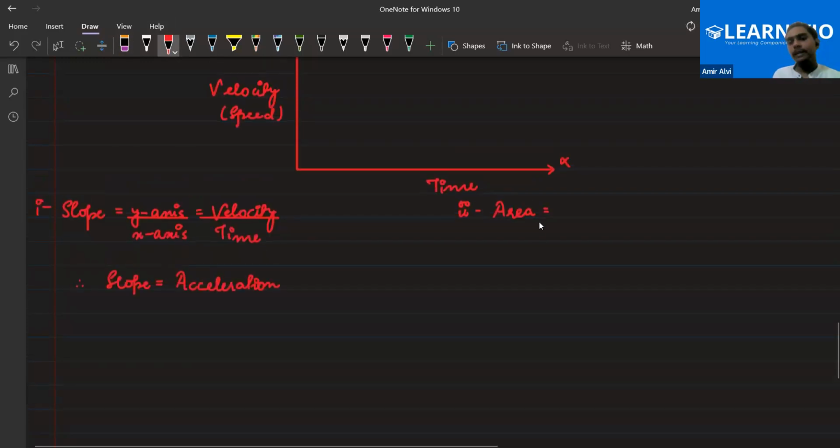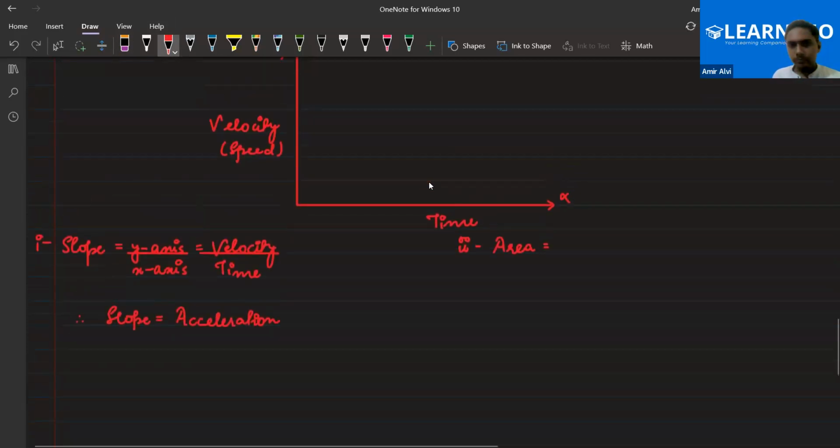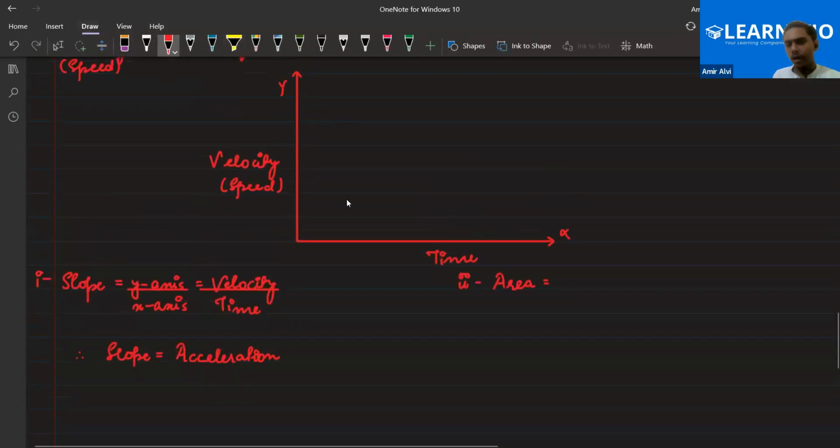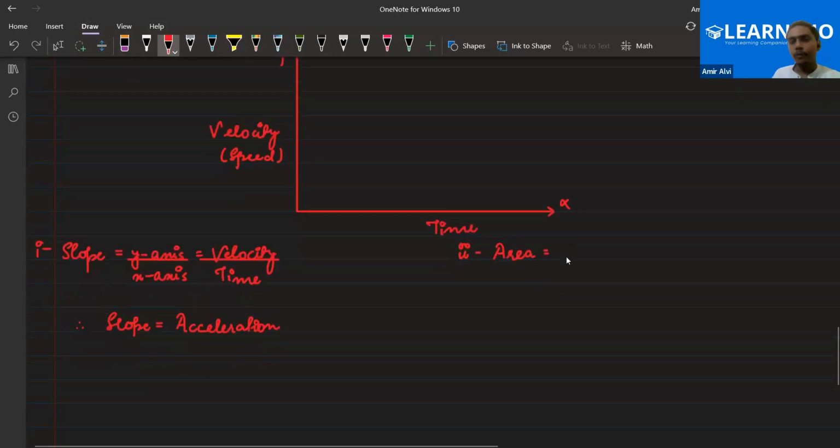So as you can see, suppose this graph is making a kind of rectangle, a kind of shape. So area depends on the type of shape that it is making. So area is velocity into time.